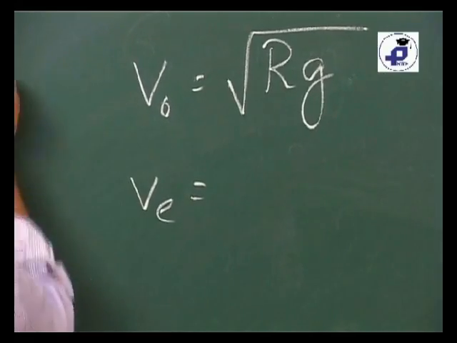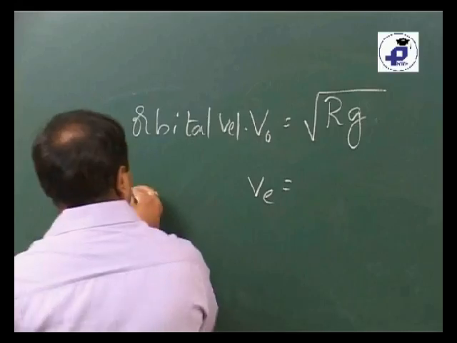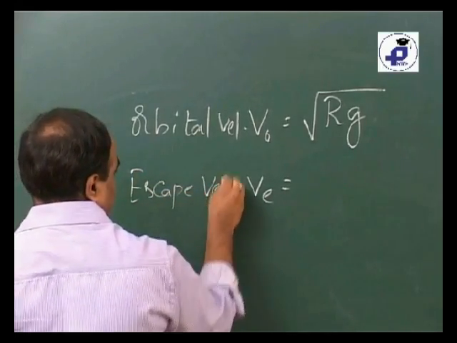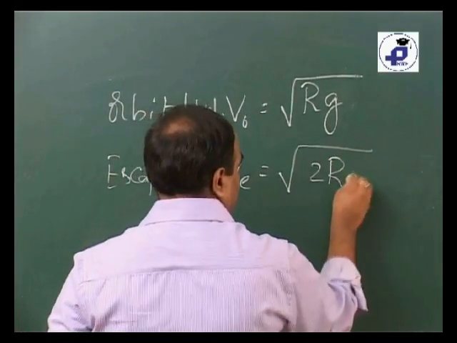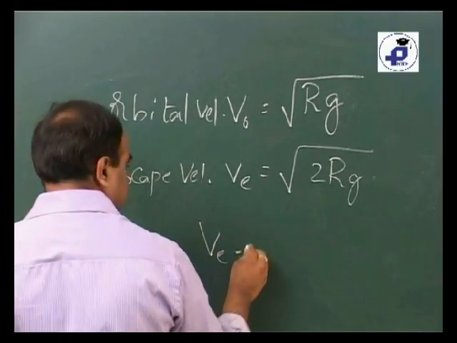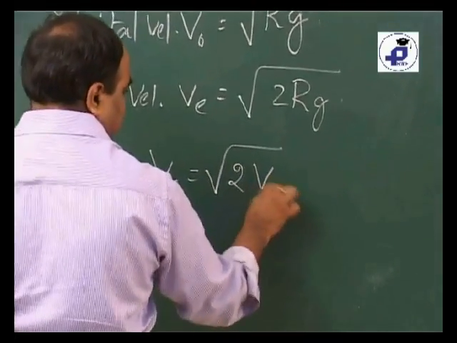this is orbital velocity, this is escape velocity, square root of 2Rg, and finally VE is equal to root 2 times VO.